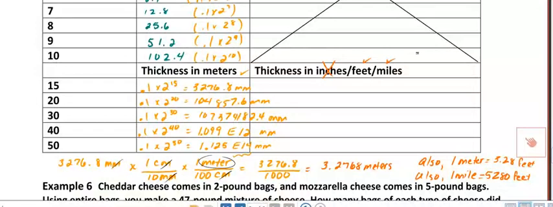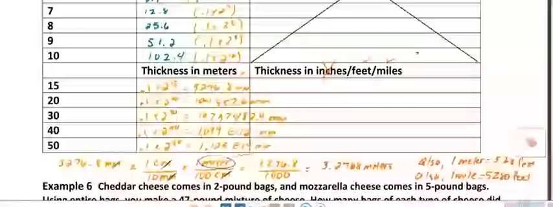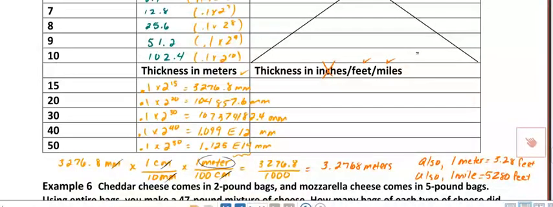So I've got 3,276.8 millimeters, and I want to change it to meters. So here is what I know. Using my dimensional analysis, I know that in 1 centimeter, I've got 10 millimeters. That will allow me to cancel my millimeters and get it in centimeters. And I also know that in 1 meter, there's 100 centimeters.